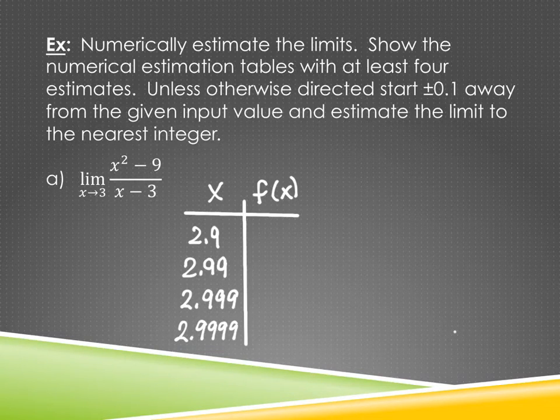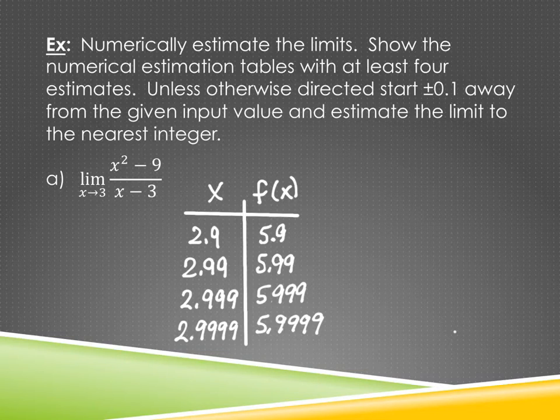And we notice that our y values are 5.9, 5.99, and so forth. Your table should look like this. Does it? Okay, fantastic. But that's only from the left-hand side.